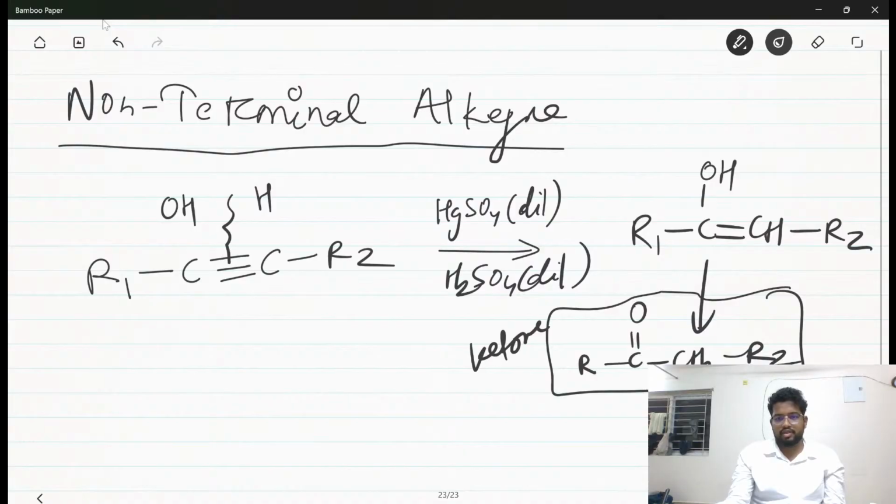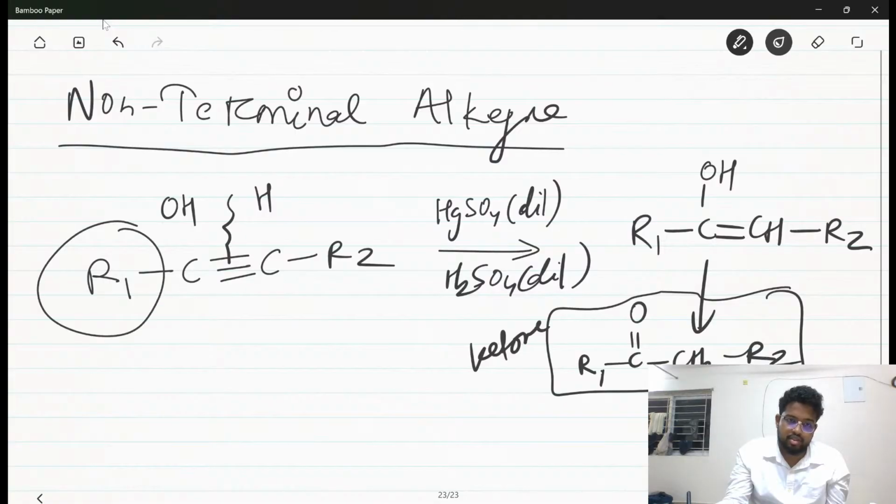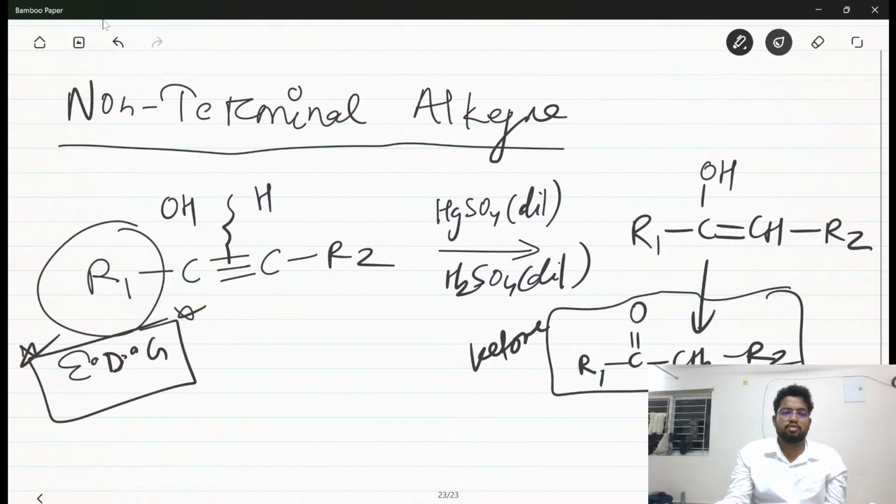Now if you take two different groups R1 and R2, obviously you can clearly see on which side R1 and which side R2. So this R1 must be an electron donating group. The OH goes to the carbon having the electron donating group. So important.